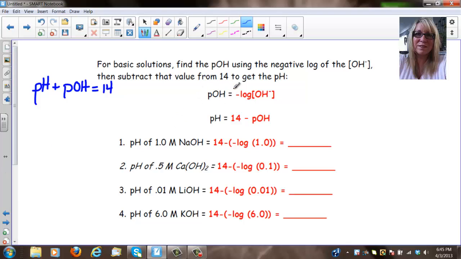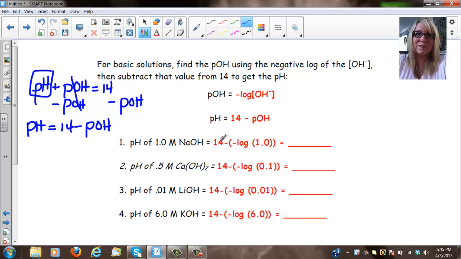So if I want to find the pOH, I would take the negative log of the OH concentration, and then to find the pH, I would just subtract pOH from both sides, and these would cancel, and I would get pH equals 14 minus pOH.